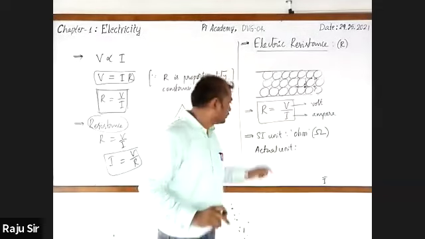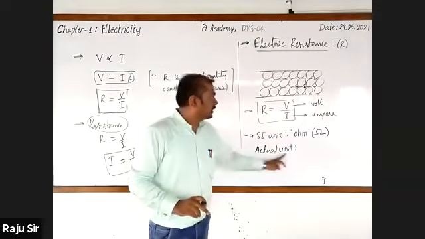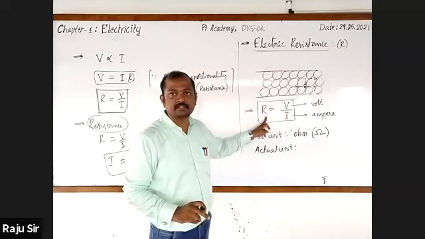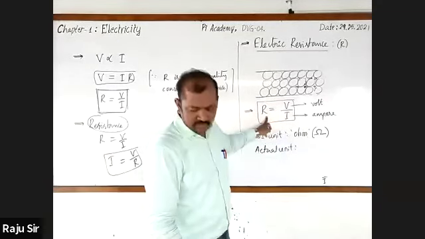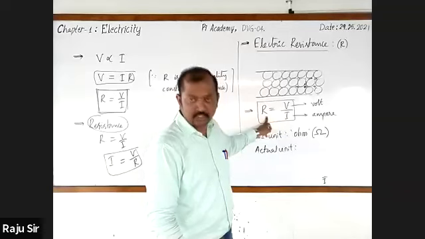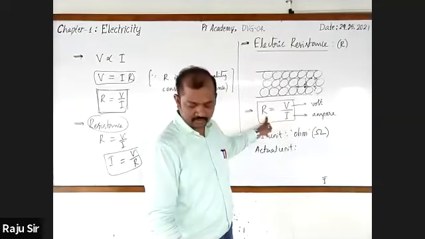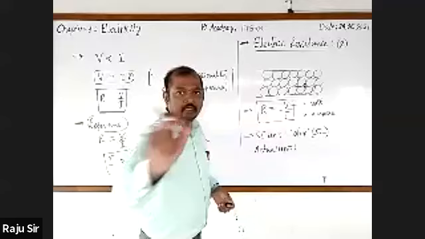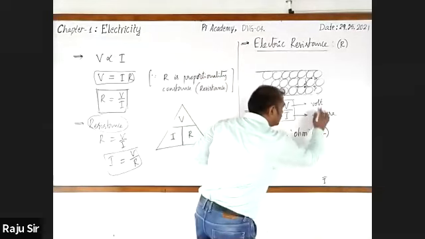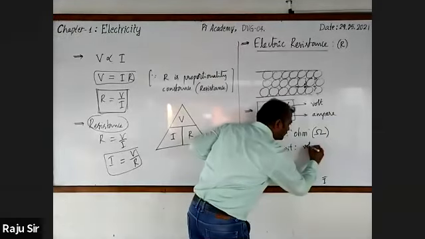Could you tell what is the actual unit of electric resistance? Any of these students? V A, sir. Very good, you are right. It is volt per ampere.